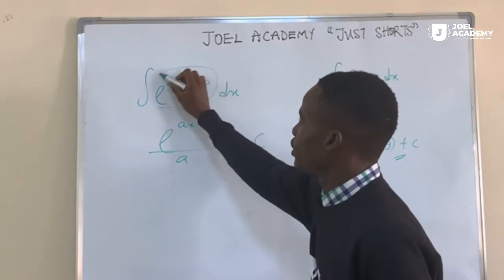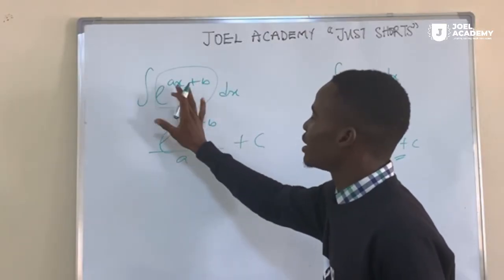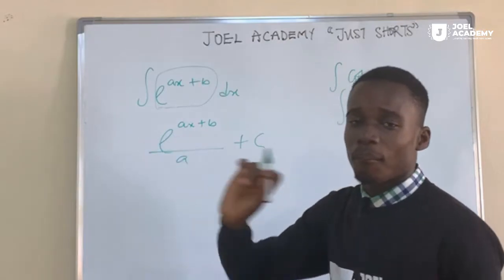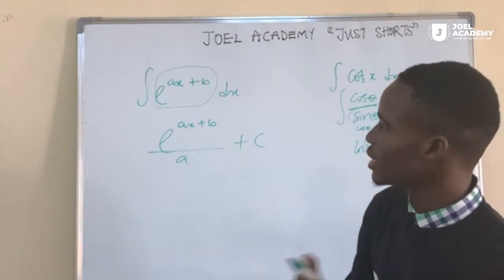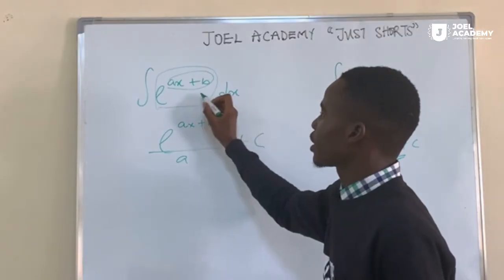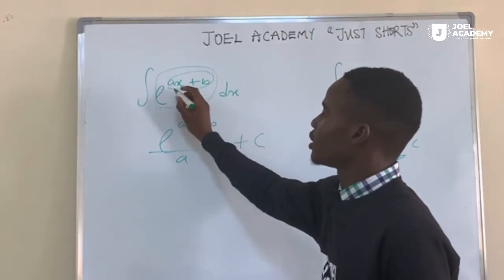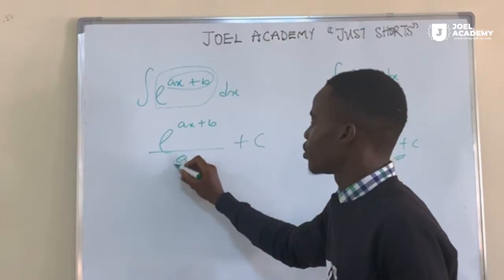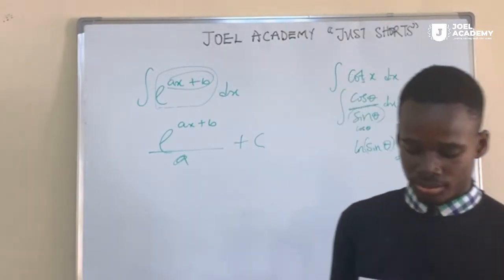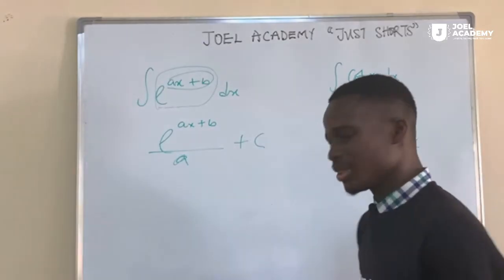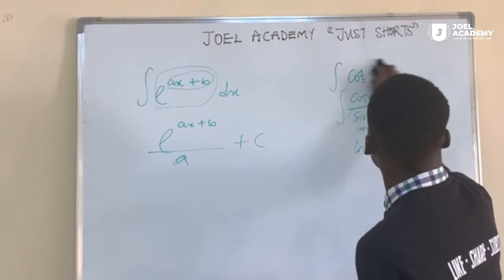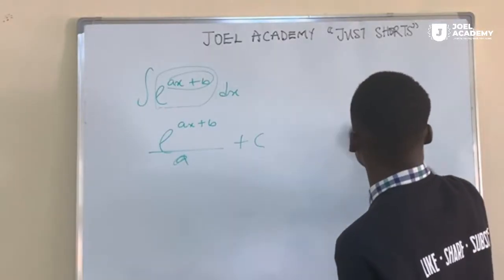When you have to integrate exponential, you put exponential ax plus b as it is. But don't forget, you differentiate whatever you have here with respect to x. The b cancels out as a constant, and you have a. So it becomes exponential ax plus b over a plus c. Okay, I think we'll be doing more of question and answer. So let's move to the next one.